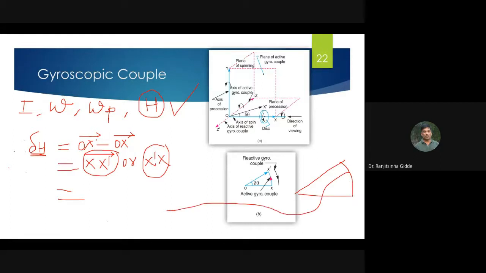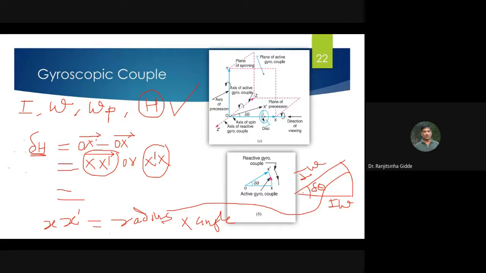So you know the magnitude for this, it is known, I omega. But how to find this arc length? Just for your information, we can write x prime arc length is equal to, how to find this? We know there is delta theta. So radius into angle.